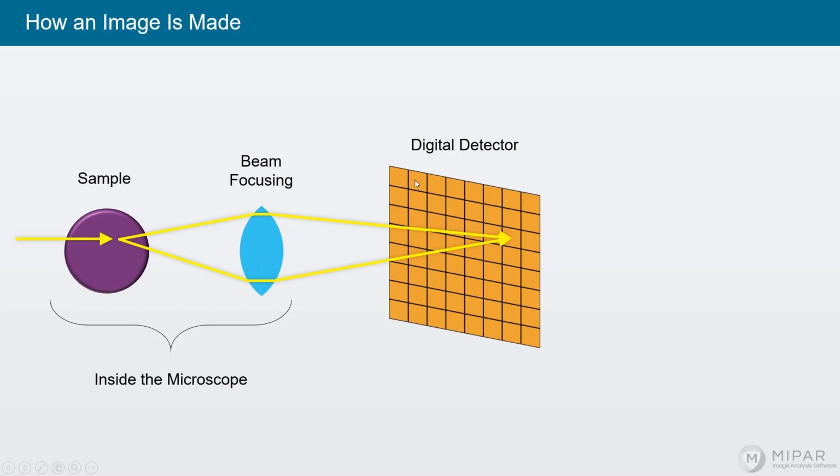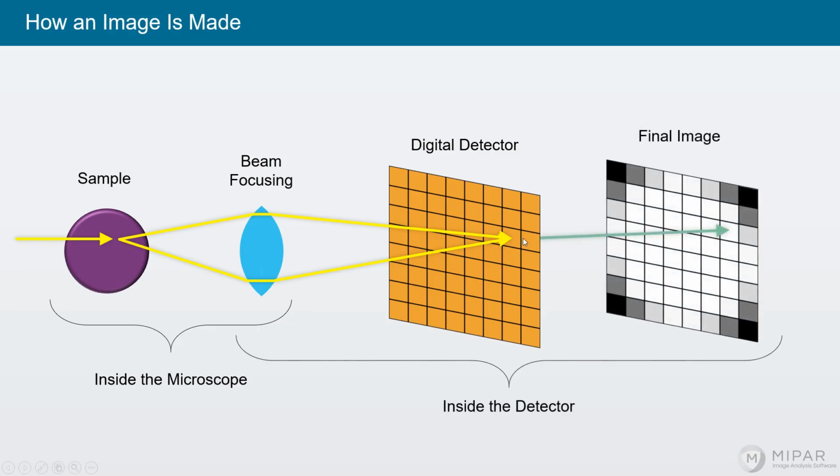Now this detector is made up of a whole bunch of little detectors, each of these tiny squares. And each little detector will read how much illumination it is getting hit with. How strong is this beam right at this point? And then that level, that strength, gets converted to the value in a pixel in your final image.